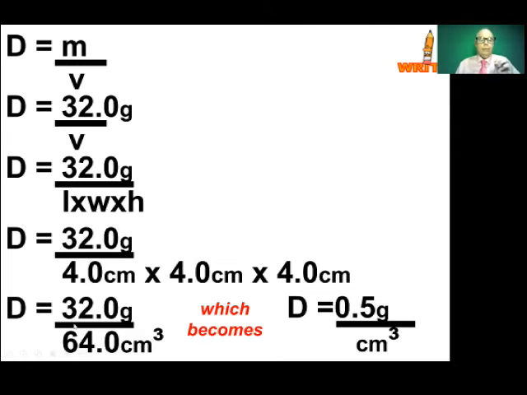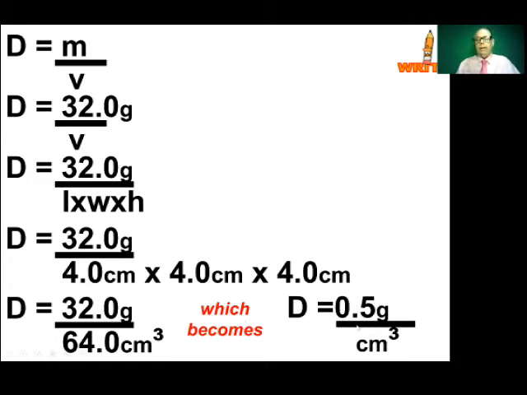So equals 32.0 grams over 64.0 centimeters cubed. And don't forget that we have to have the centimeters cubed. And then when we actually do the math, density equals 0.5 grams over centimeters cubed.